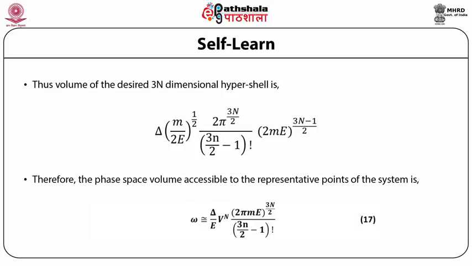Therefore, the phase space volume accessible to the representative points of the system, on rearranging, is given by omega approximately equal to delta by E multiplied by V raised to power N into 2 pi mE raised to power 3N by 2 divided by 3N by 2 minus 1 factorial.